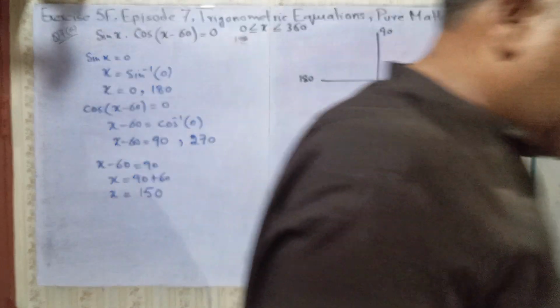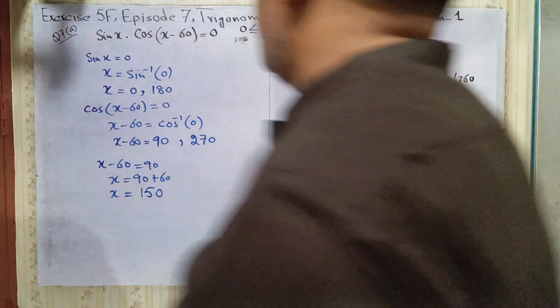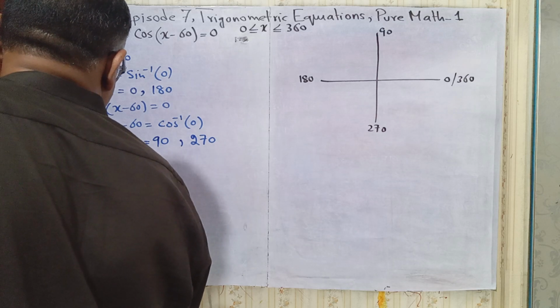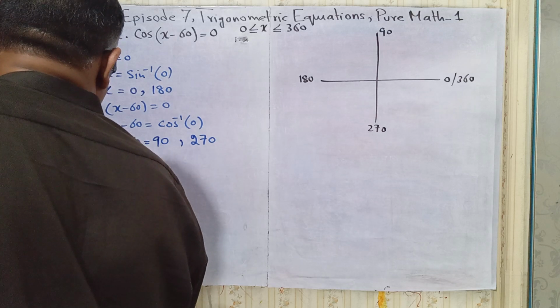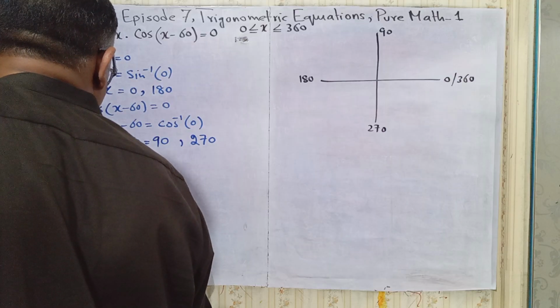Okay. And then I can make x minus 60 equal to 270. So it will be x minus 60 is equal to 270. So my x will be equal to 270 plus 60.